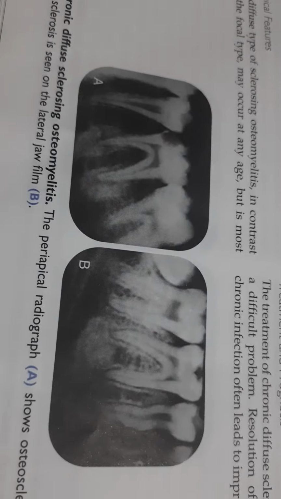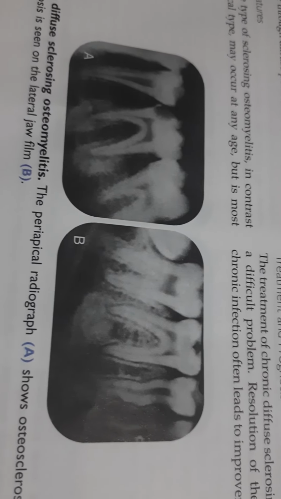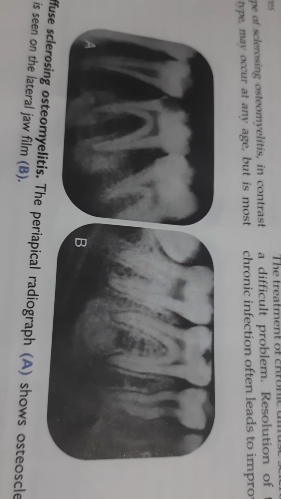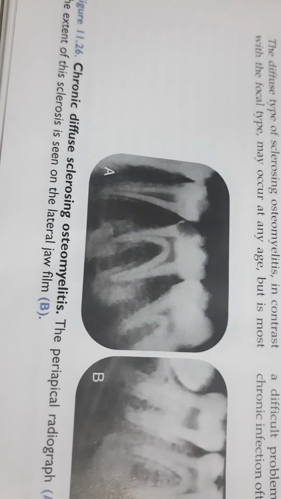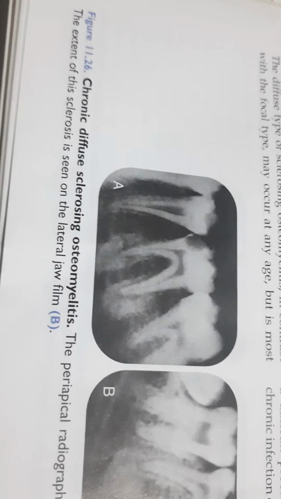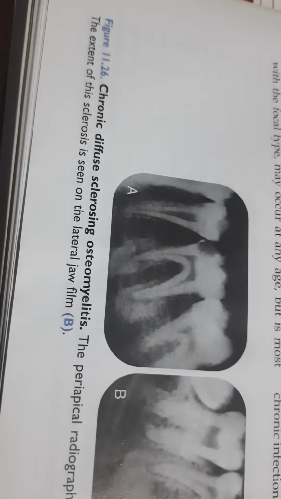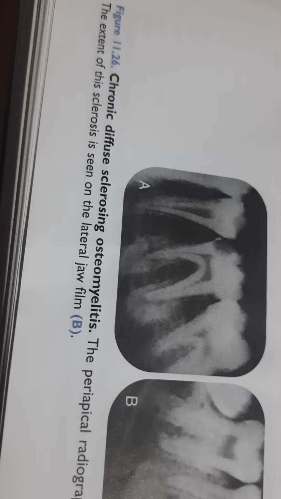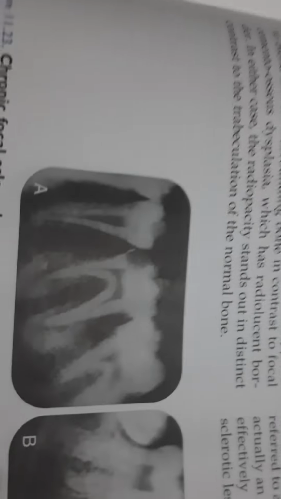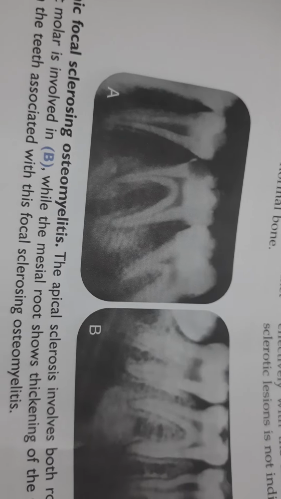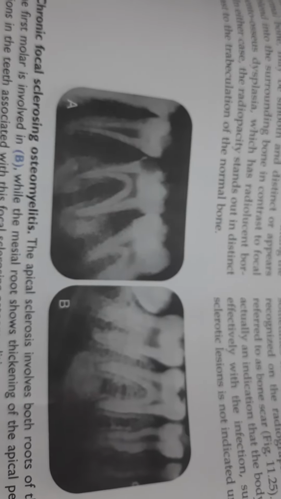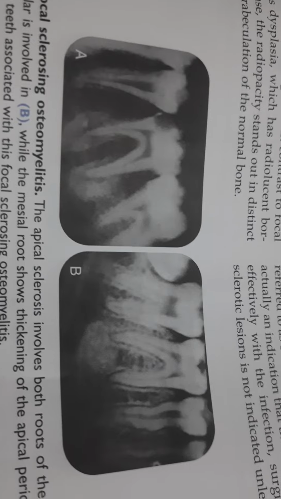This is chronic. In this diagram, this is diffuse type sclerosing, but I guess focal sclerosing type also looks like this. This is chronic focal sclerosing osteomyelitis.